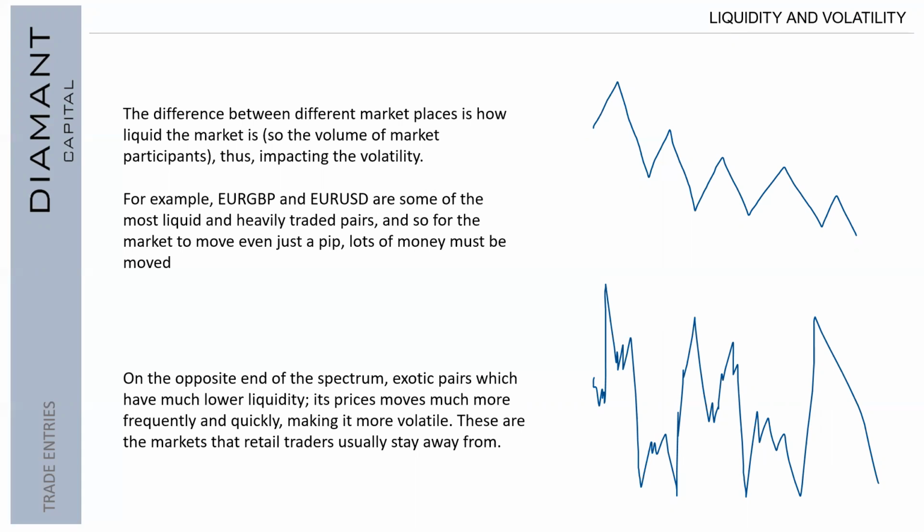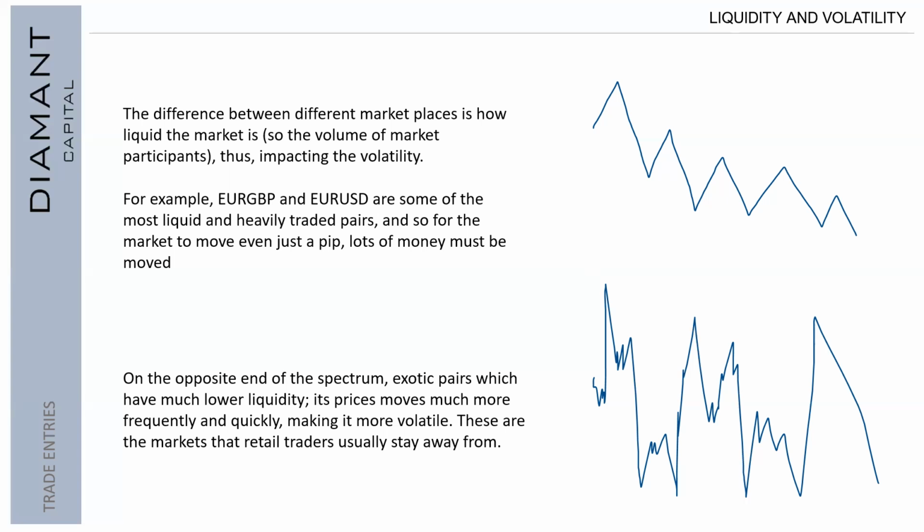Just to explain this properly, you've got volatility and then you've got liquidity as well. Liquidity is the amount of money that flows into that market. If you didn't know, Euro USD is the most traded pair across the world by banks and institutions. Of course, they mainly make up the whole sector.